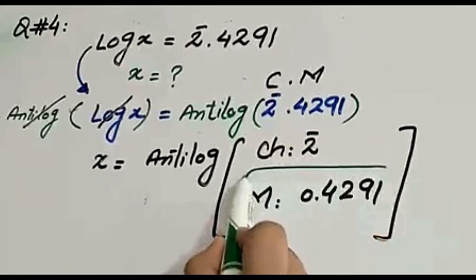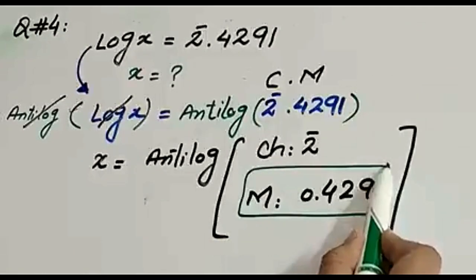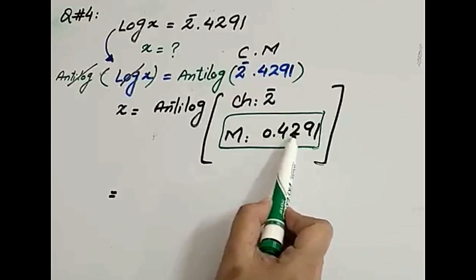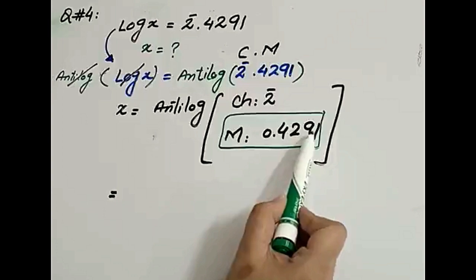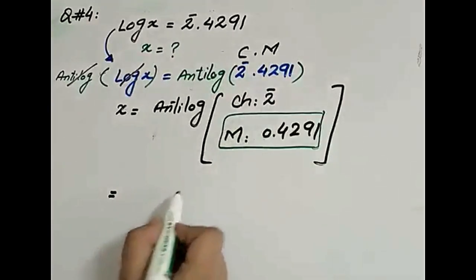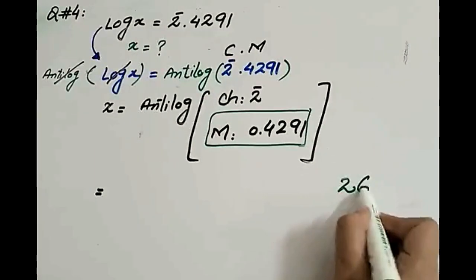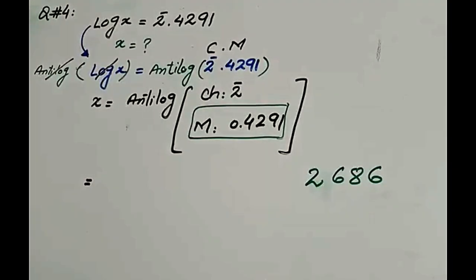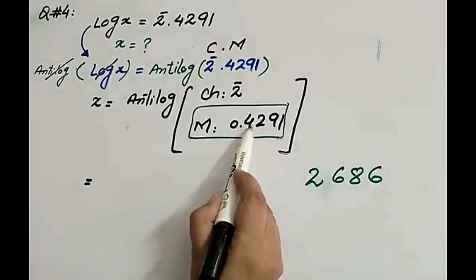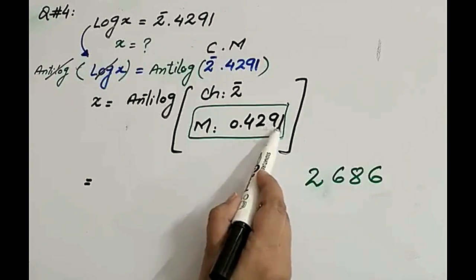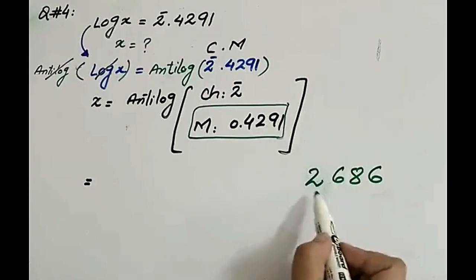Now we have to see this mantissa in the anti-log table, and we have to see 0.42th row in 9th column and mean difference column 1 in the anti-log table. So we obtained 2686.